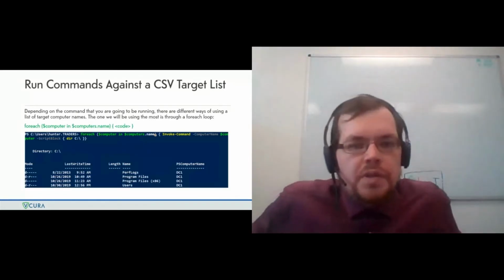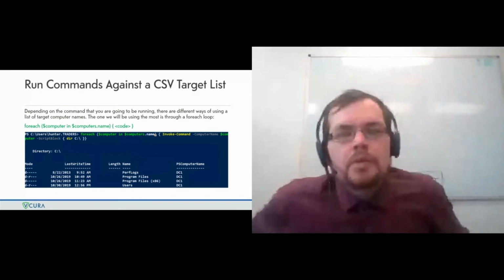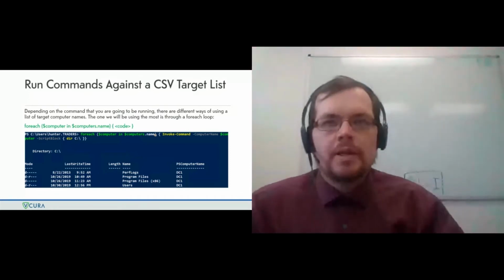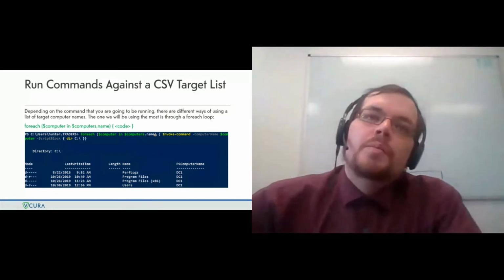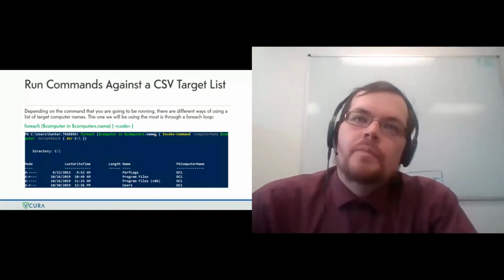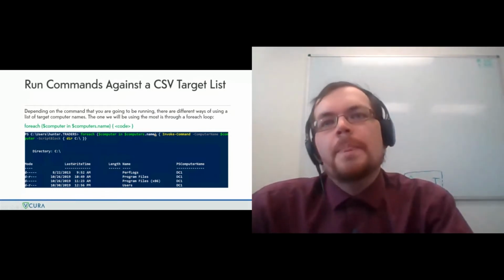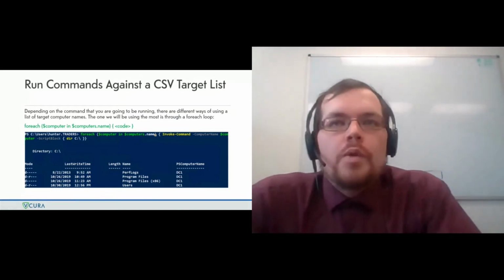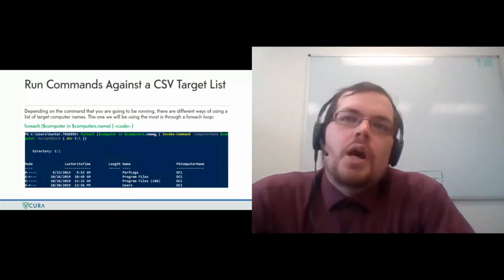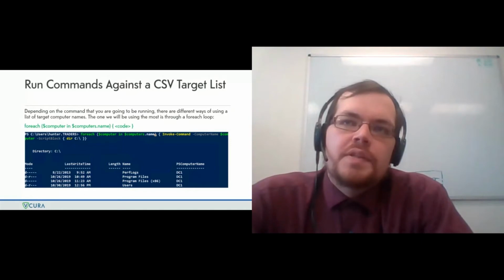Now we're going to start using a foreach loop so that we are able to utilize the target lists that we have created. So we're using a foreach, and that means that we are going to iterate through every object in the list that we are going to feed into this loop. For the computer in $computers.name, $computers is the variable that we primed just previously.